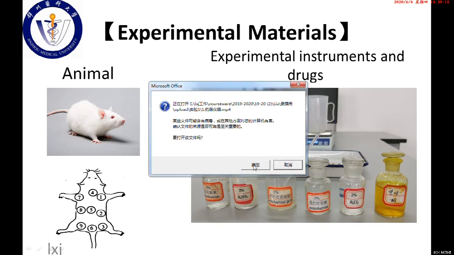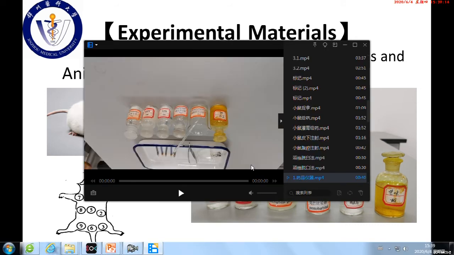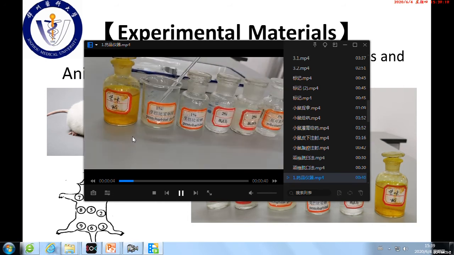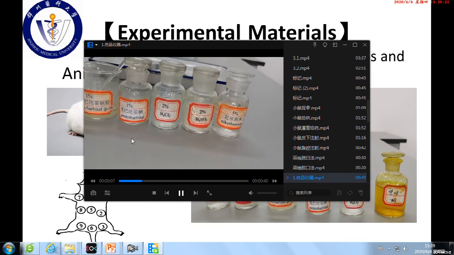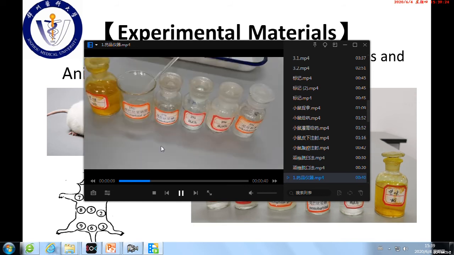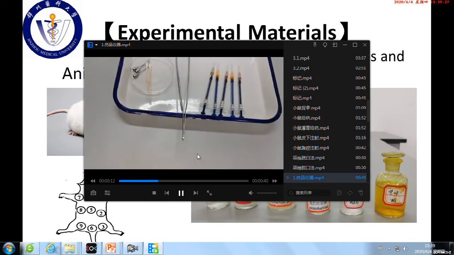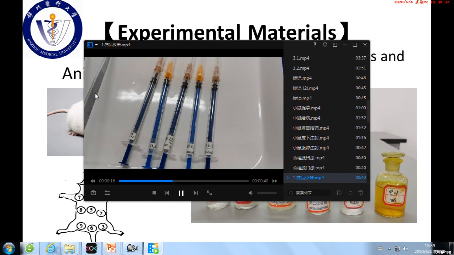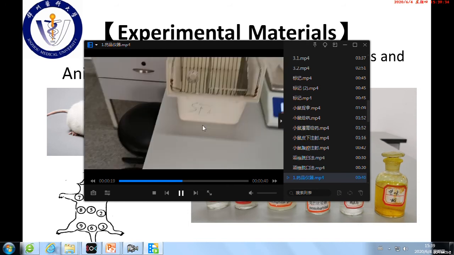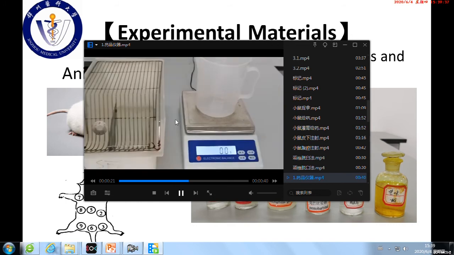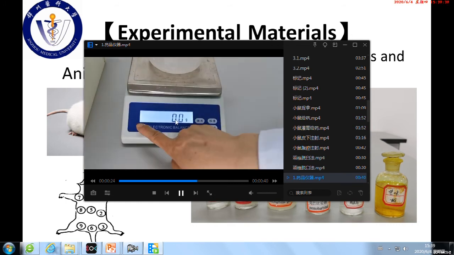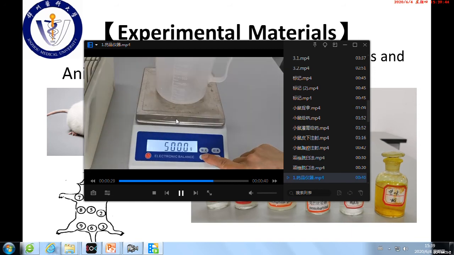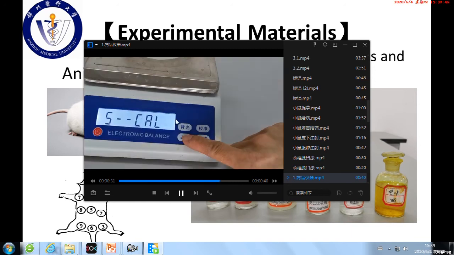The experimental instruments and drugs: picric acid, pentobarbital solutions and mucilage, barium sulfate and barium chloride solutions, and nicosamide solutions, cotton swab, nippers, and injectors for different drugs. Mouse cage, balance. First prepare the balance. Turn on and adjust the balance to 0.